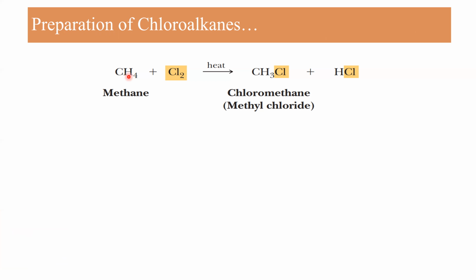So CH4, if we treat it with Cl2 in the presence of heat or light, we get the CH3Cl. So one hydrogen from the CH4 has been replaced or substituted with the Cl, and we get HCl. So the IUPAC name of this product is chloromethane, and the common name is methyl chloride.